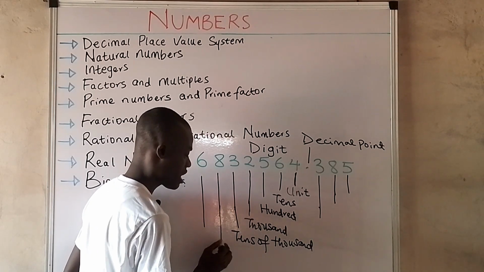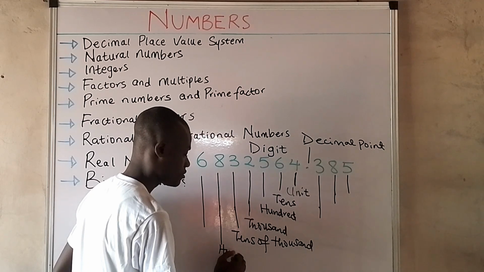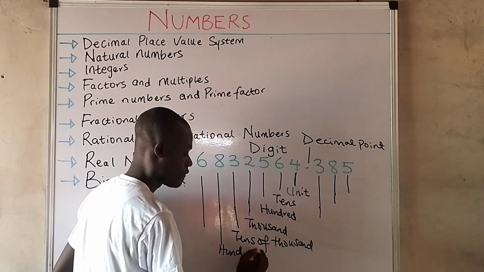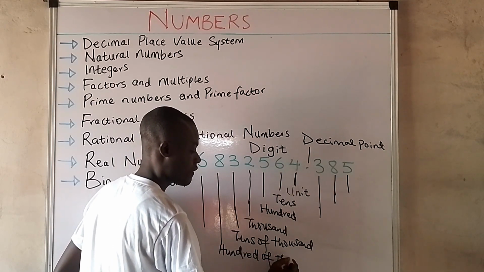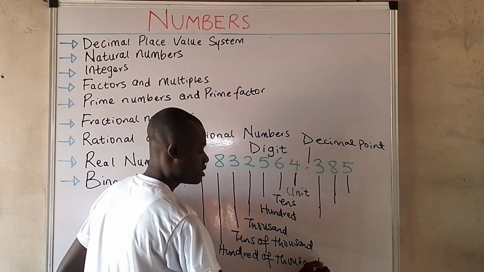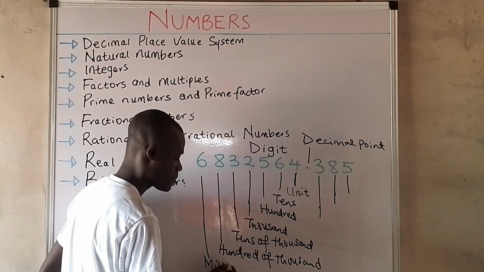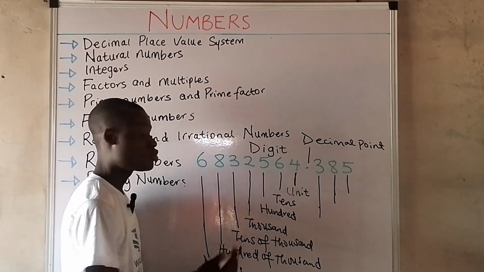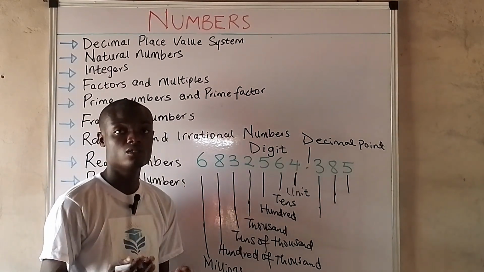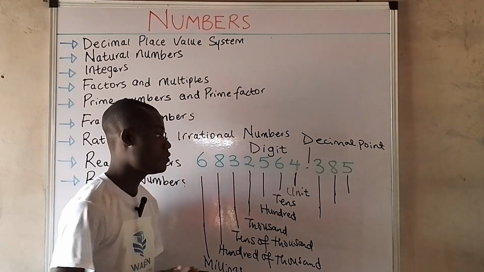Then moving on, we have hundreds of thousands. Then after 100,000, we have millions. This place value can also proceed towards billions and on and on.